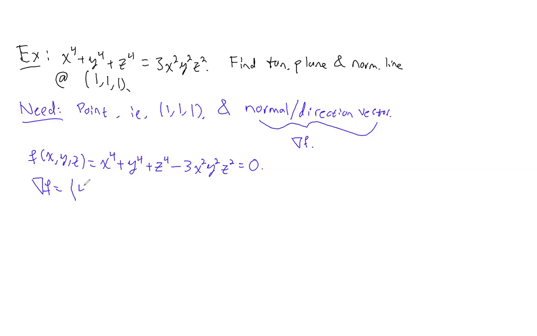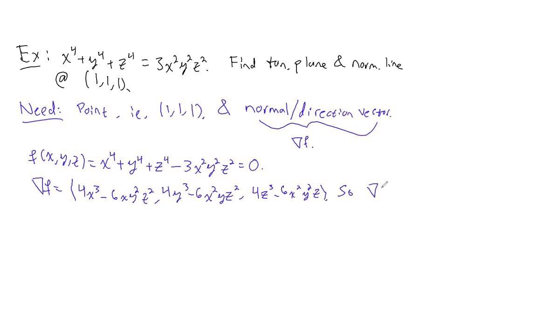But this comes out to 4x cubed minus 6x y squared z squared, 4y cubed minus 6x squared y z squared, 4z cubed minus 6x squared y squared z.